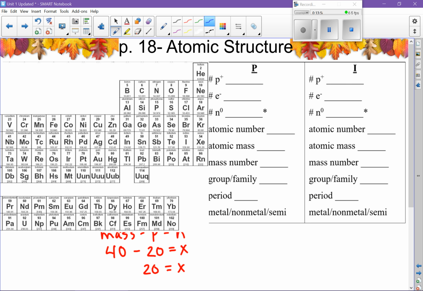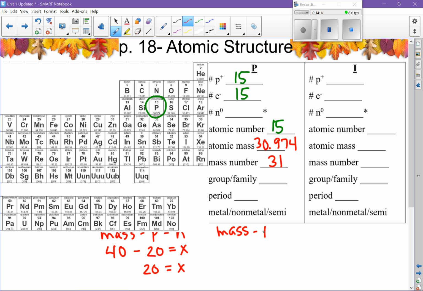Alright, let's see how you did on these 2. Phosphorus, the element is right here. Its atomic number is 15, which also tells you the proton and electron number. If I want to figure out the masses next, the atomic mass is the decimal of 30.974, which rounds up to 31 for a mass number.